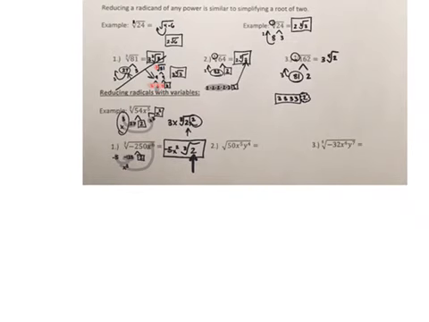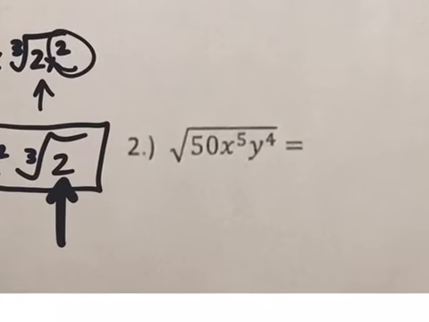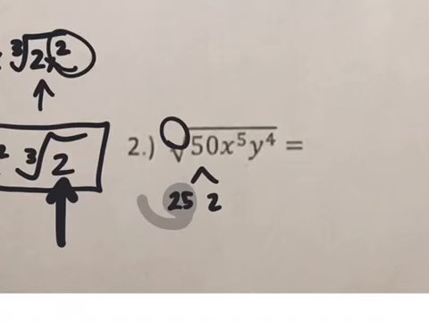Okay, so let's continue on and finish this side up here. This one here, 50, we're looking for square roots, perfect squares. That's 25 and 2. I could then square root the 25 as a 5. I could split this up into an x to the 4th and an x.